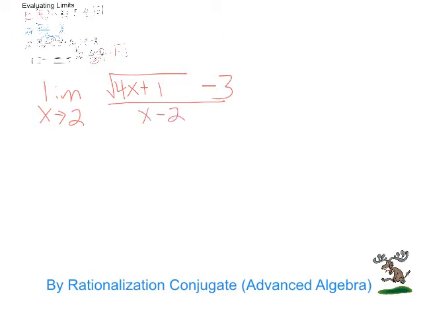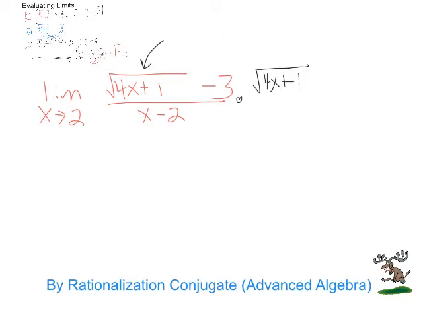And when I look at direct substitution, I see that that puts a 2 in the denominator, and 2 minus 2 gives us a 0, and so we're going to get something that's undefined. So direct substitution fails us, and then I'm going to throw some algebra at it. I recognize the radical, so I think maybe I should try rationalizing with a conjugate.